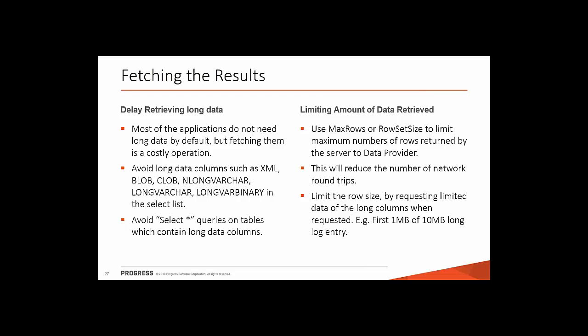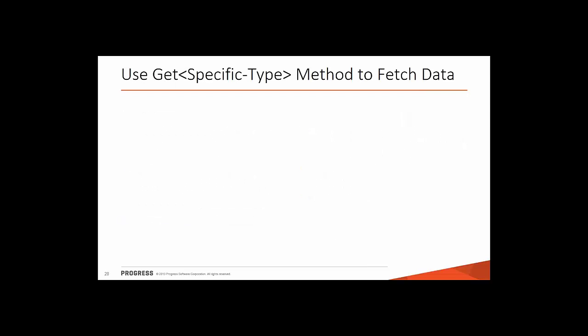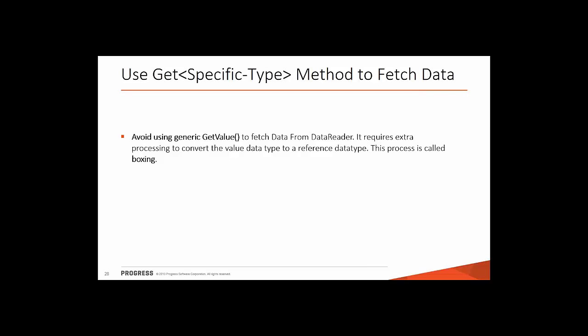Another important note here is a coding guideline: when you are using data reader methods to get your particular column values, try to use get specific type methods like GetInt and GetFloat instead of using GetValue, because GetValue returns a reference type instead of the value type, so it needs boxing and unboxing when you want to store that in a simple value type.